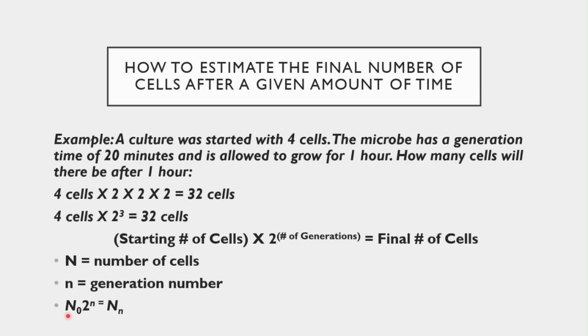So the equation is the number of cells at generation 0 times 2 to how many generations you have equals the number of cells at whatever generation you have. So in this example, N sub 0 is 4 cells. The number of generations is 3, and it's going to be equal to capital N at 3 generations, which would be 32 cells.